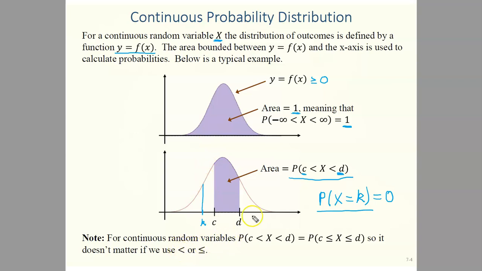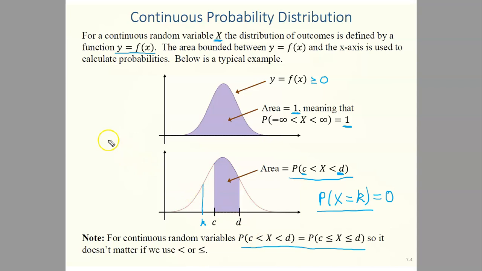Now also note down here that it doesn't matter whether we use less than or equal to symbols when we talk about these probabilities here, because these two probabilities here are equal to each other. So it doesn't really matter whether we use less than or equal to for our problems. Normally we'll use just less than, however.